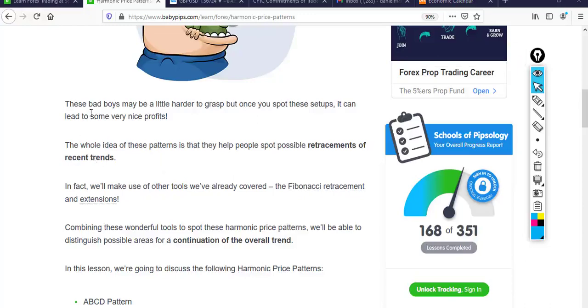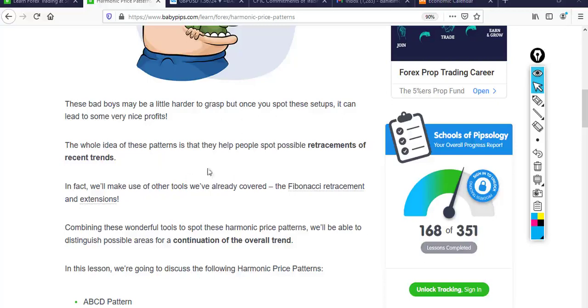Basically, harmonic price patterns enable people to spot possible retracement areas in the market, especially when there has been a recent trend. You are also going to use the Fibonacci retracement tools and the Fibonacci extensions to determine where the price of the market will either extend to or retrace to.